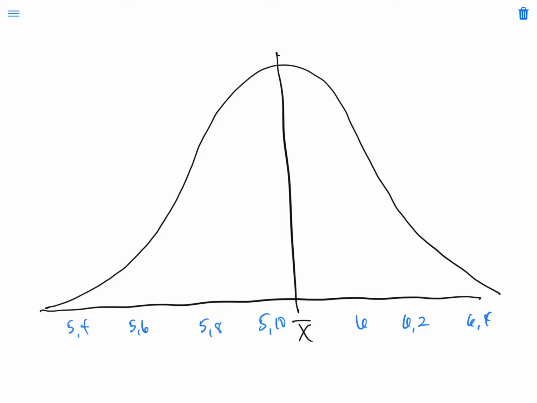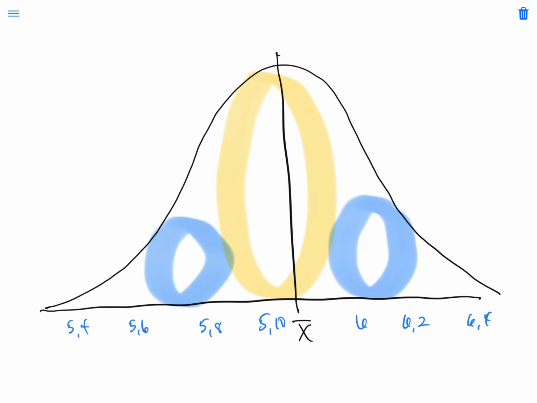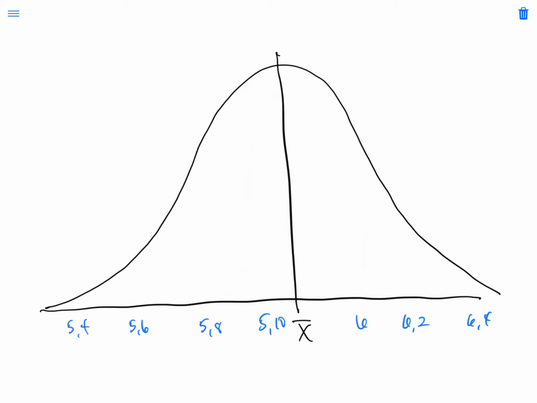But what this would mean is that most of our students are pretty close to our mean. We don't have very many students that are quite a bit taller than average, and we have just a few students that are smaller than average, and we don't have very many that are a lot taller than average or that are a lot shorter than average, right? So a lot of things in real world data fit normal curves very well.